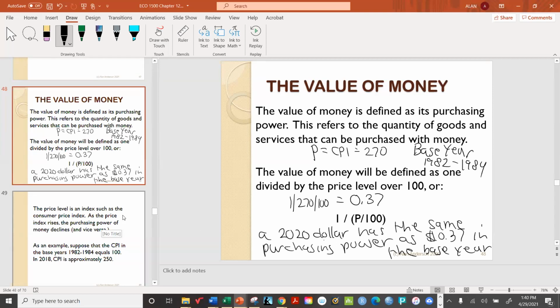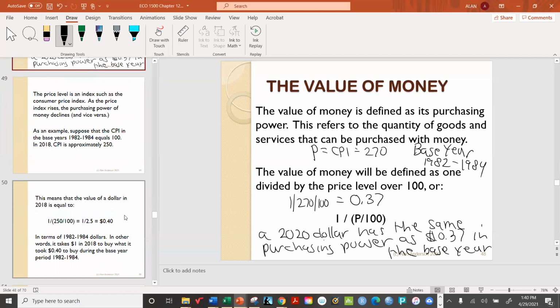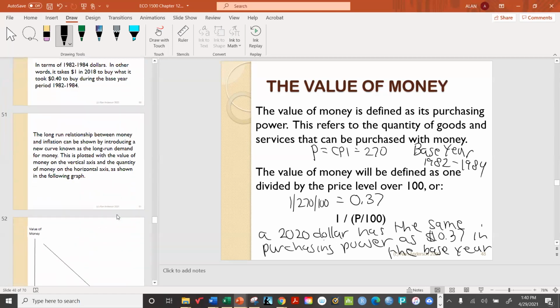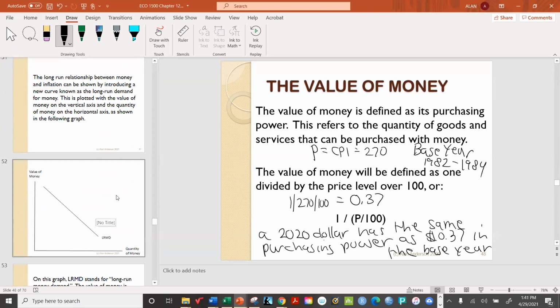So in this new framework that they're developing, what they're going to do is develop a new curve where the vertical axis is not the nominal rate of interest, but what they're calling the value of money, meaning the purchasing power of money.